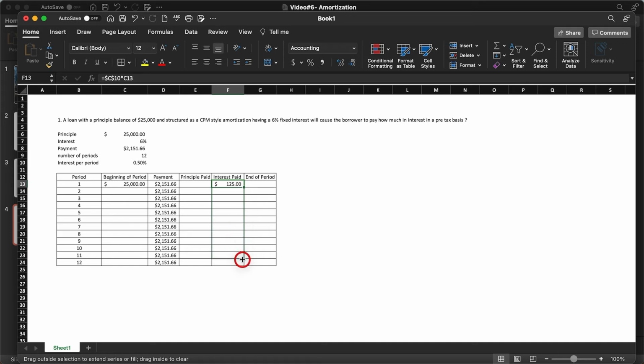We can drag and drop. If you want to find out how much we paid in principal, it's very simple. We're going to take the constant payment, which is the same every month, minus what we paid in interest. And this is how much we paid on our principal. So out of this $2,151 payment, we paid $2,000 for our principal and $125 in interest.